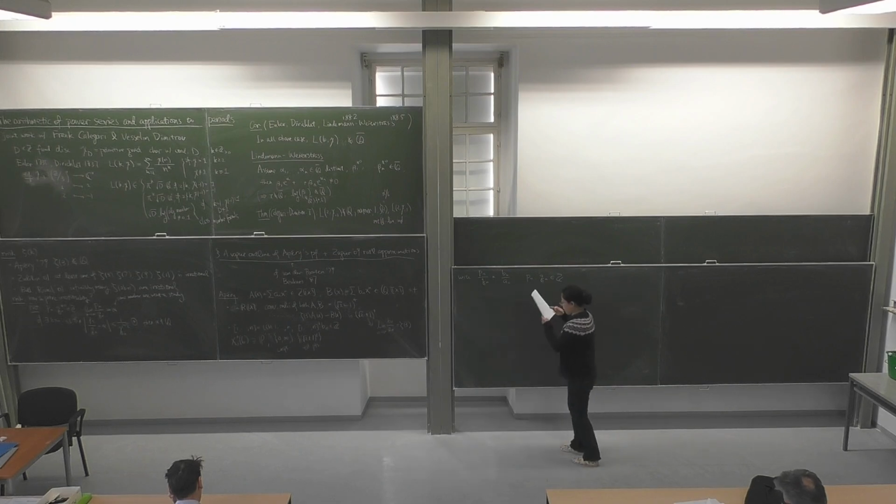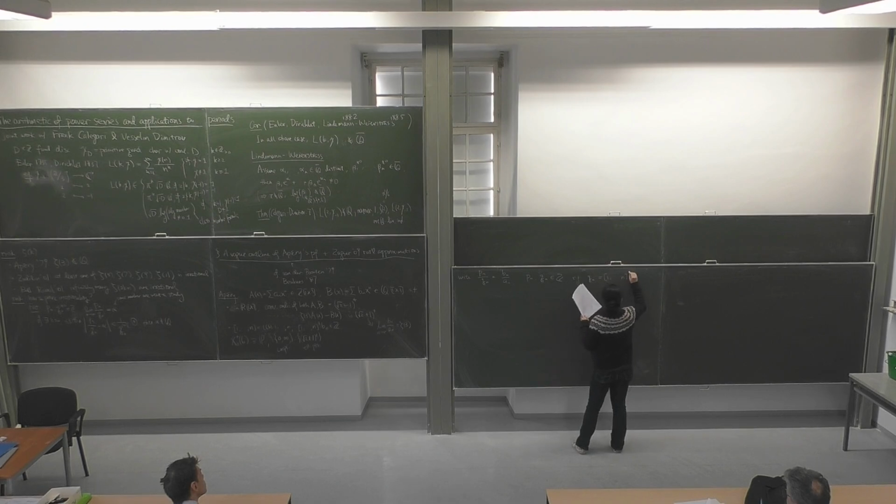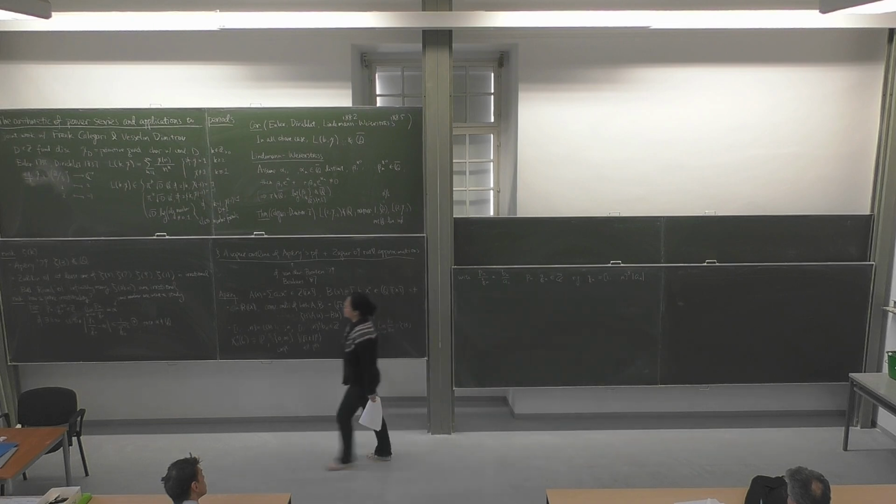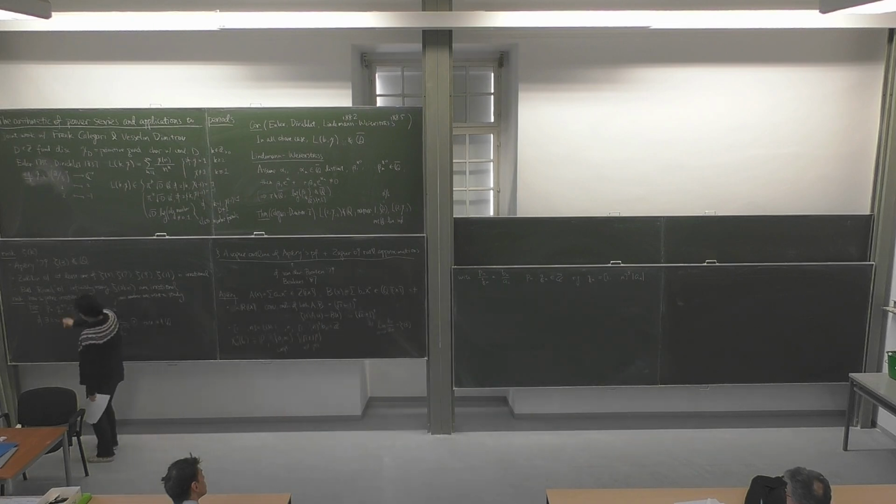To get P and Q. So for instance, Qn can be defined to be just the LCM of 1 to n, to the third power, times the absolute value of An. One thing is that this condition will force this one to be positive.